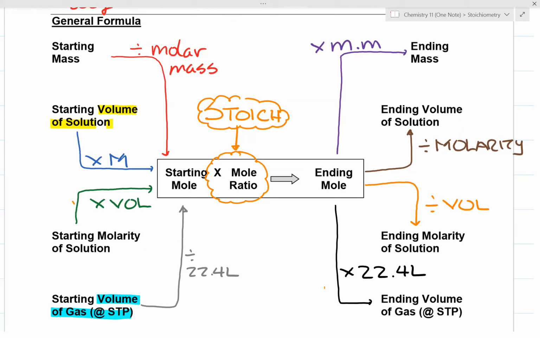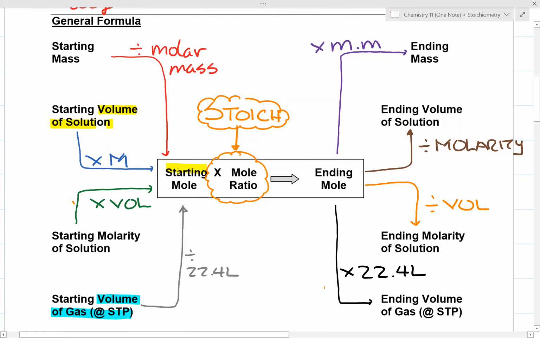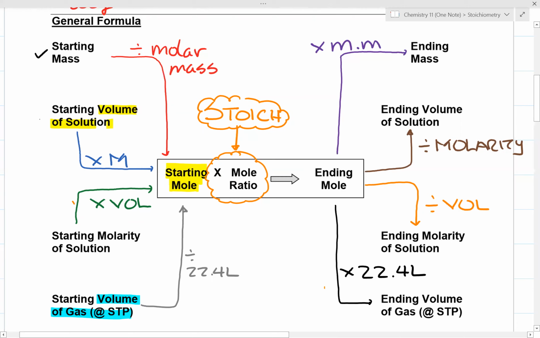All right, welcome back. Now, as you can see here, everything is pointing towards this starting moles. So it doesn't matter if you have a starting mass, or you start with a volume of solution, or molarity, or volume of a gas, you always want to start by converting everything to moles.